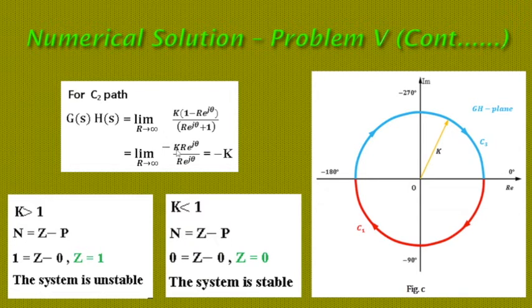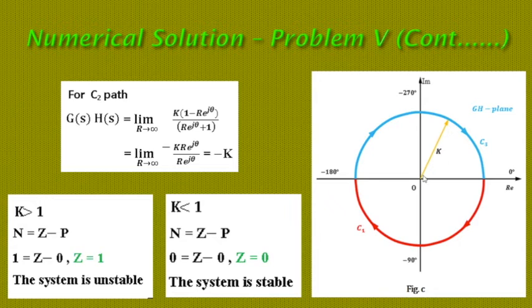Then we get minus K. That means these two are cancelled from each other. Then we get minus K. This minus K is not accepted for the magnitude and phase angle condition. So that's why there is no C2 path. Then draw the C3 path. The C3 path is the mirror image of the C1 path with respect to the real axis.